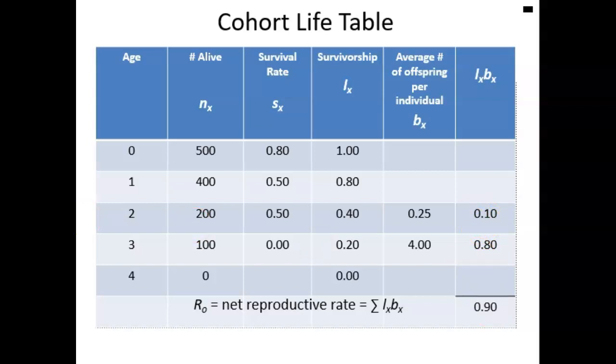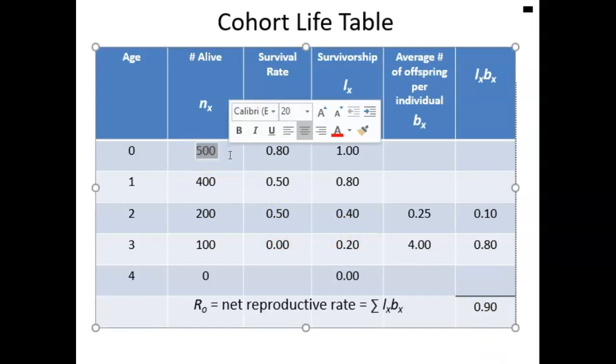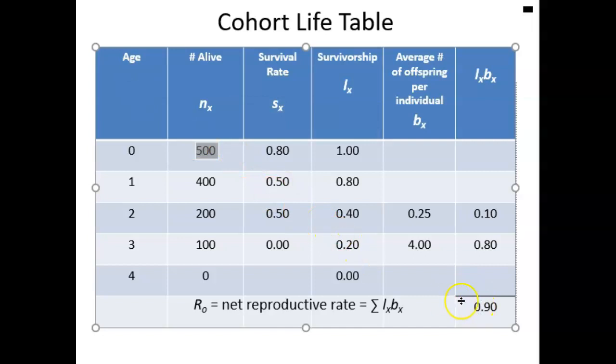Now, here's why we're interested in this. Here's how we're going to use this. What that's saying is that if we start out with 100% of the population, the reproductive rate of this entire population is only replacing 90%. If we start out with 500 individuals, we are only producing 500 times 0.9, which is 450 individuals.